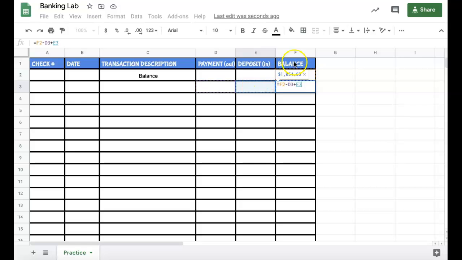So if you took your balance, subtracted anything that came out, and added anything that went in, you'd have a new balance. And right now it's 1054.65 because I haven't had anything put in here yet.